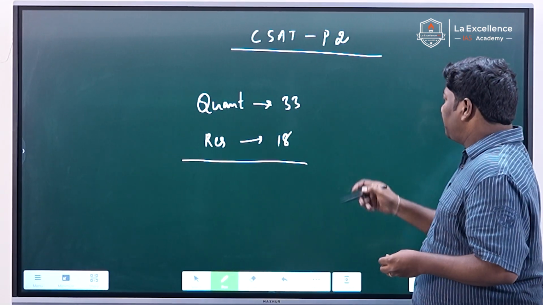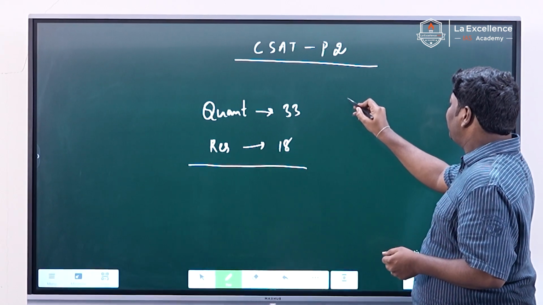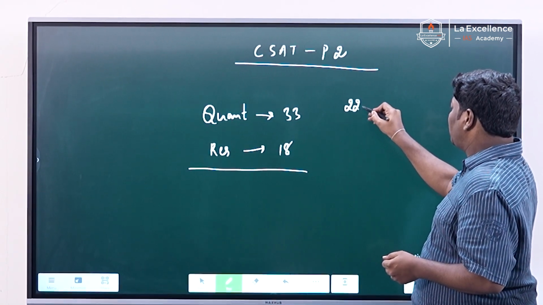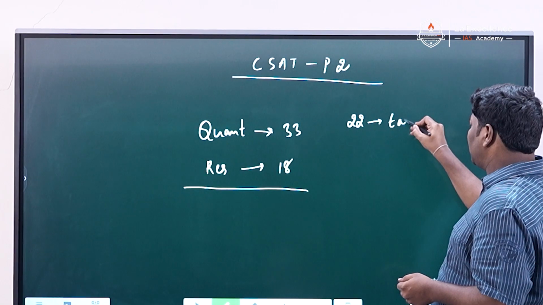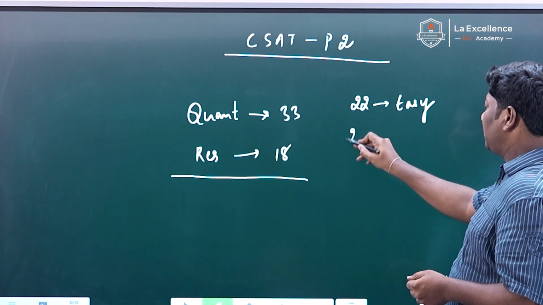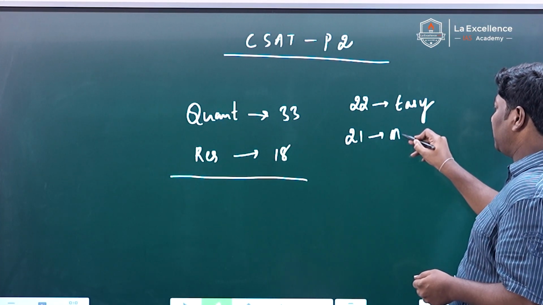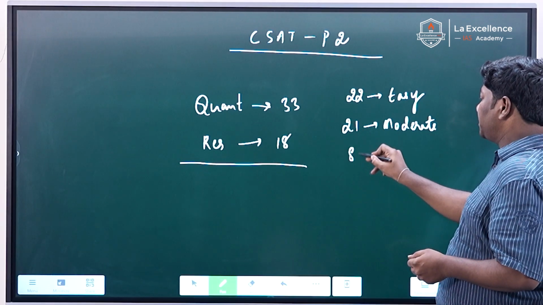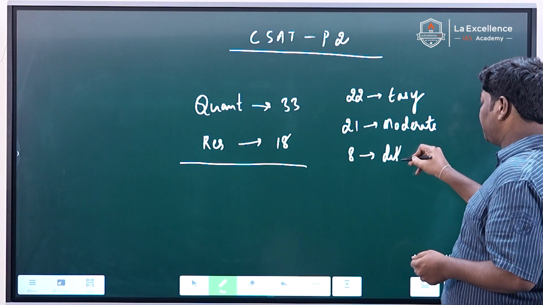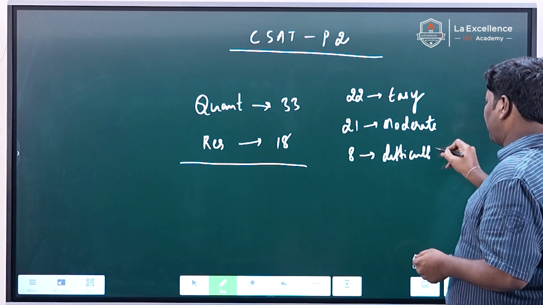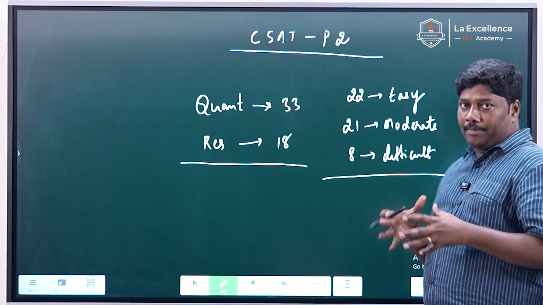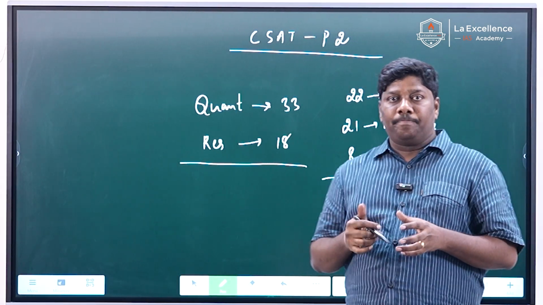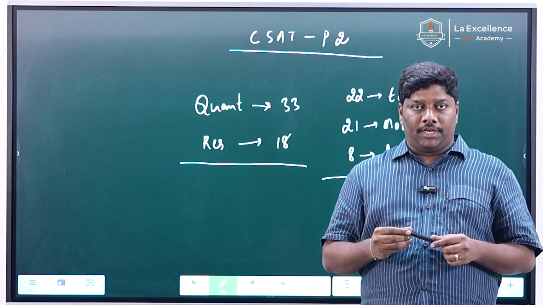Out of this, there are 22 questions which are easy level, 21 questions which are moderate, there are 8 questions which are difficult. So if you see the overall paper, it is like the 2024 pattern only, okay?